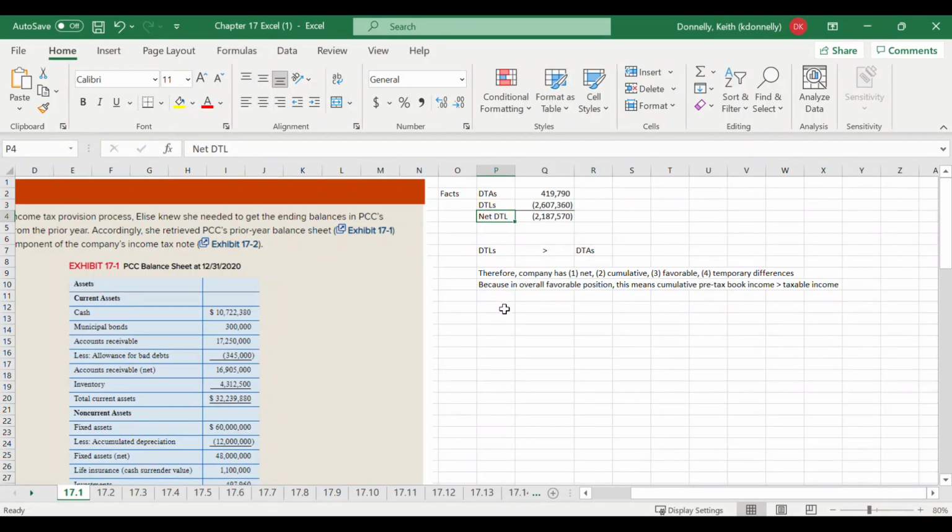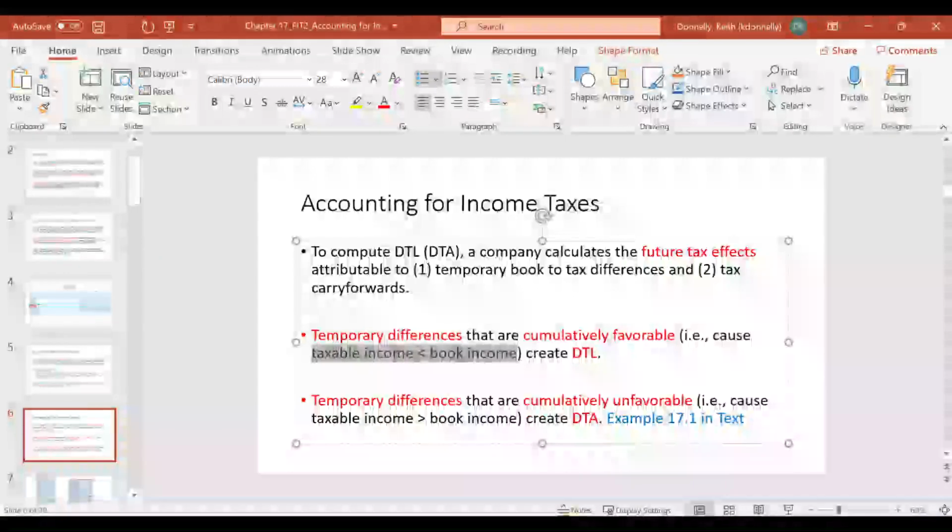So in this case, our company is going to have net, cumulative, favorable, temporary differences. Because we're in an overall favorable position, this basically means that our PTBI in the current year is going to be greater than our taxable income in the current year.